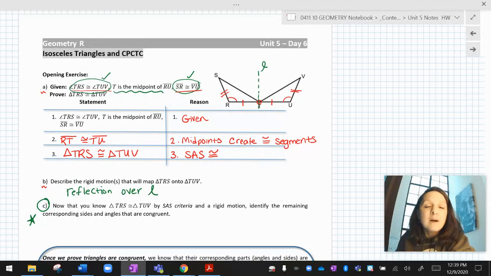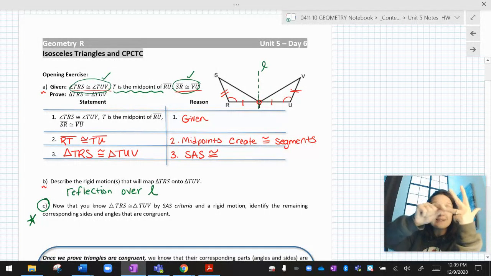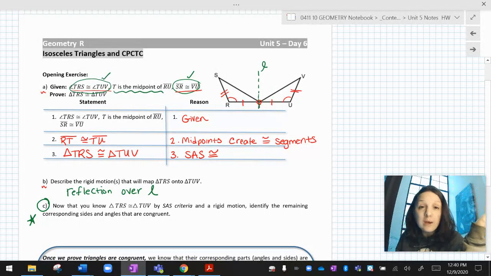But then we said if you can't find all six, there are subsets of three that are good enough. The nice thing about the shortcut is once you know that you have, let's say, SAS, there's still one S and two A's left over that we haven't talked about.